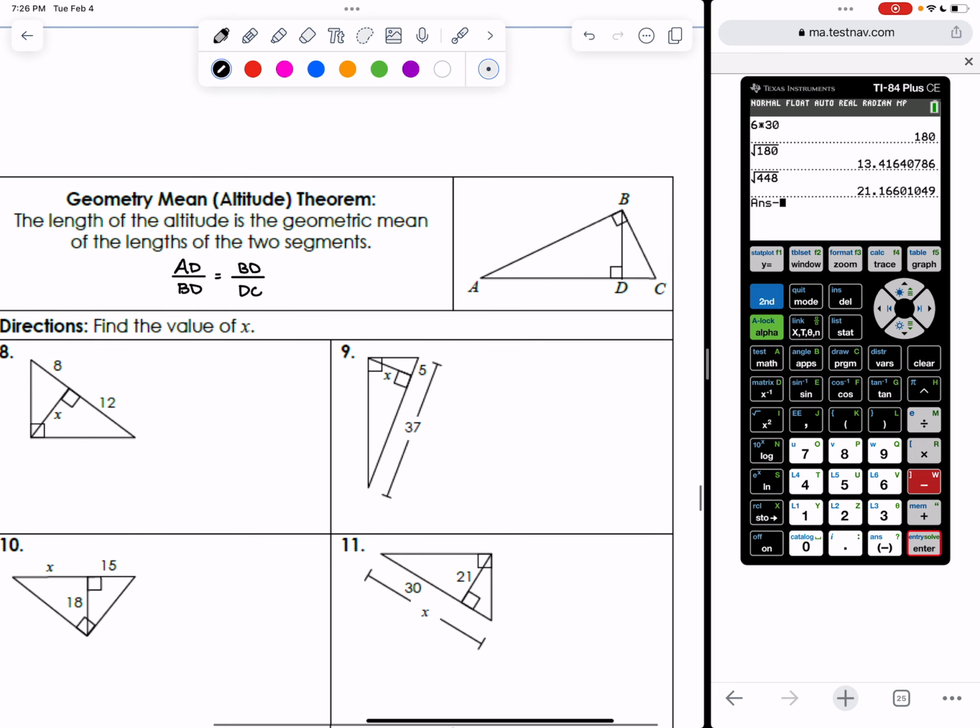Well, what do you notice here? Essentially, this creates a kind of shape, if you will. It goes from A to D, up to BD, back down from BD, and then through to DC. Maybe you've seen this shape before.